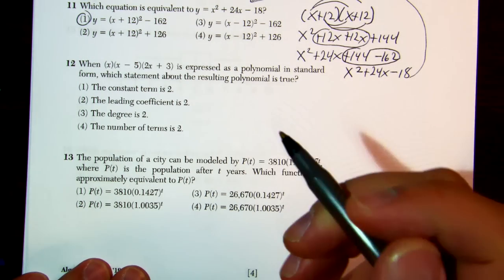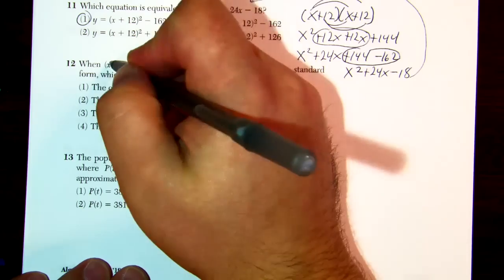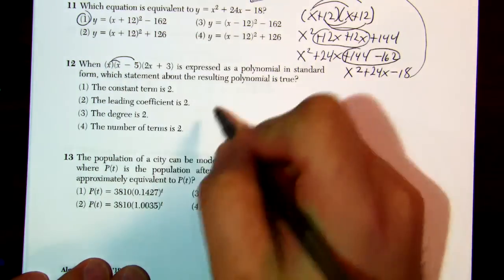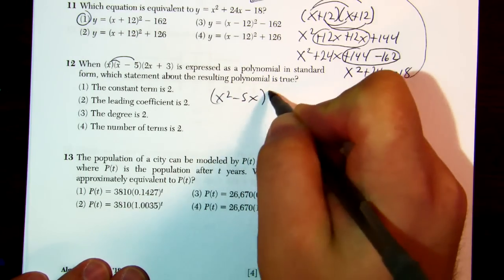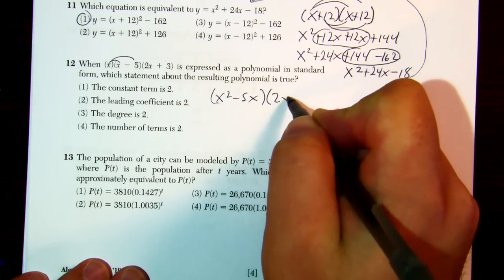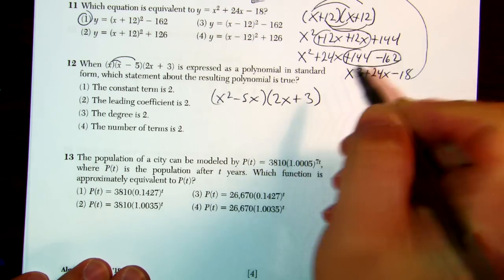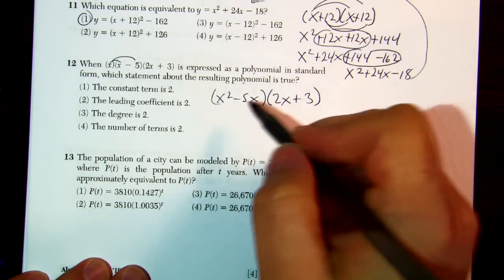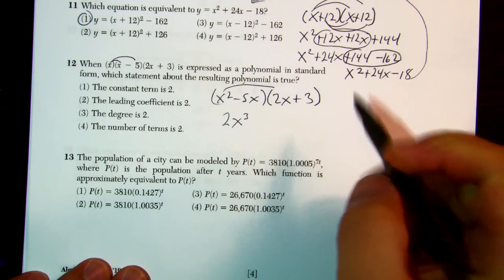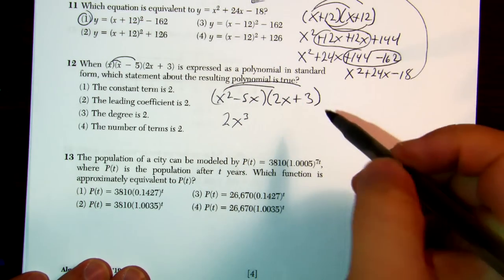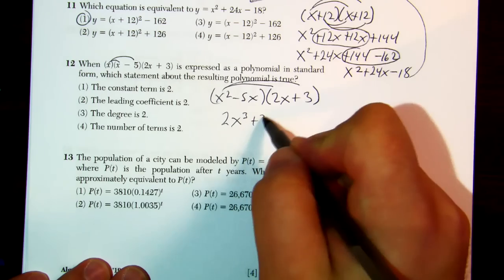exercises, okay? We could first distribute this x. So we're going to have x squared minus 5x times the 2x plus 3. So now we got to do FOIL. We have 2x to the third this time. And then we're going to have a positive 3x squared.